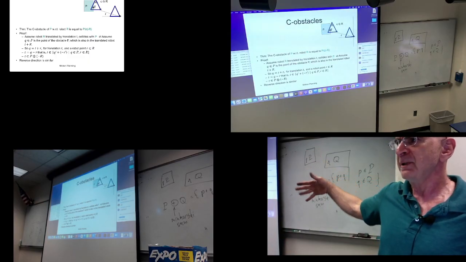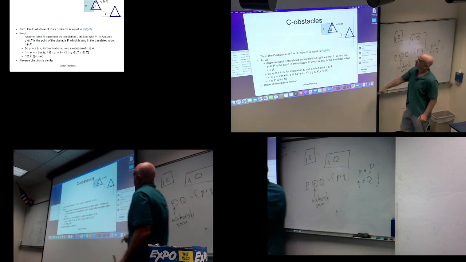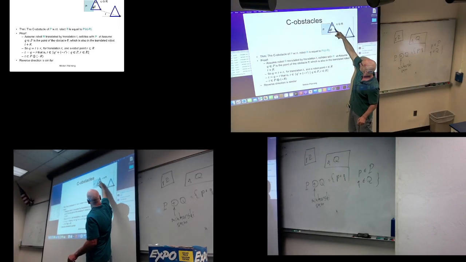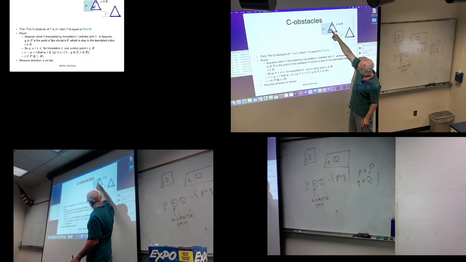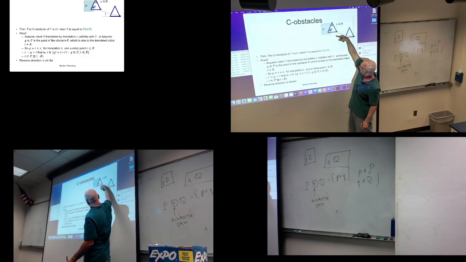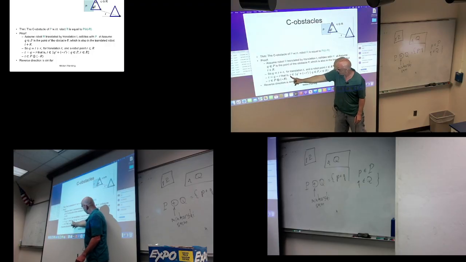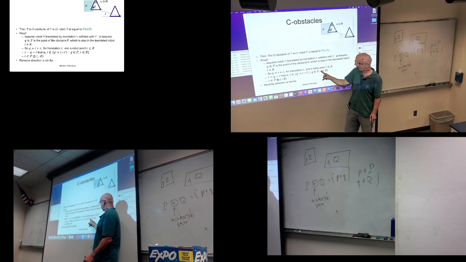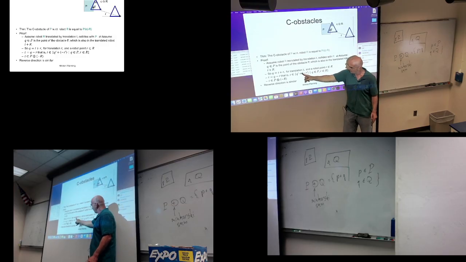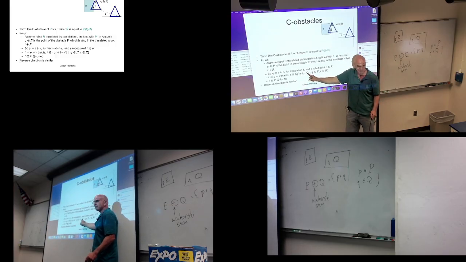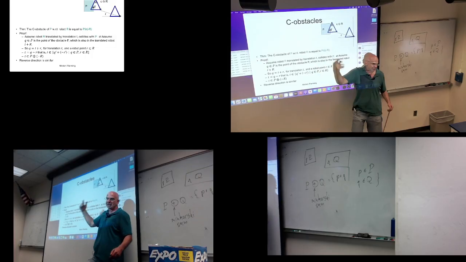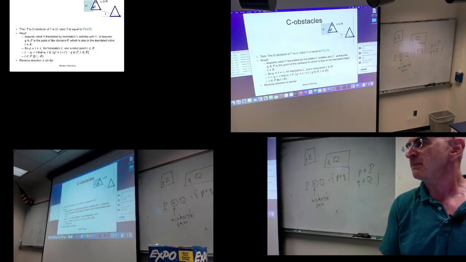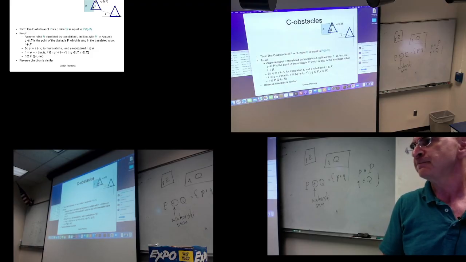It's just writing what the Minkowski sum is, and saying that if there is some point Q which belongs to T plus R, then the translation T must belong to the following set. Take all the points in the obstacle, take all the points in the robot, and take the point in the obstacle minus the point in the robot, which is exactly the definition of the Minkowski sum. And of course, the same point T might be generated multiple times in this double loop.